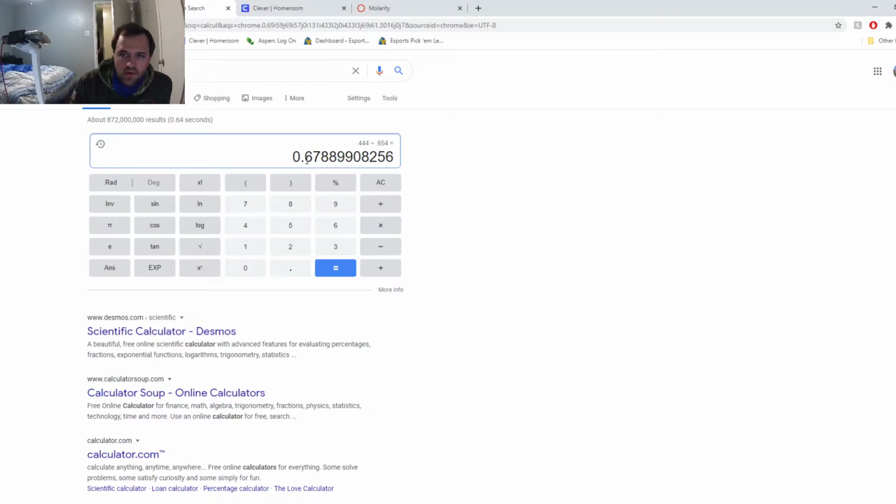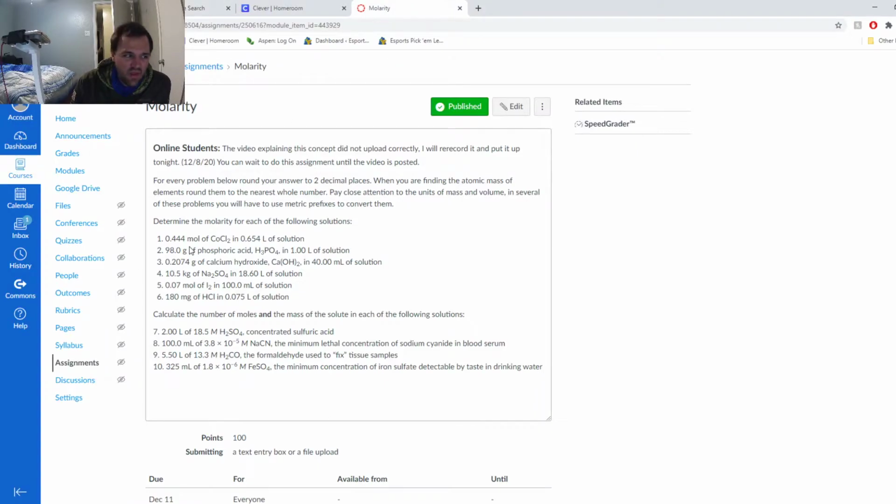So we're looking here, 0.678. The 8 tells us that this one should round up. So our answer here is going to be 0.68 molar. It's the concentration of that solution. Okay, that's about the simplest one on there. It's the bare bones basics of how it works.